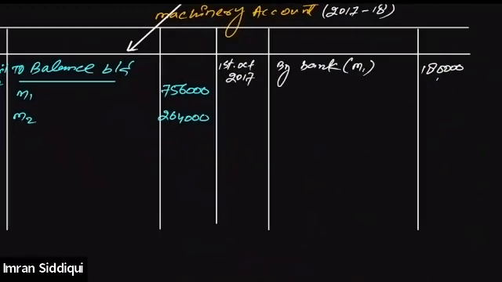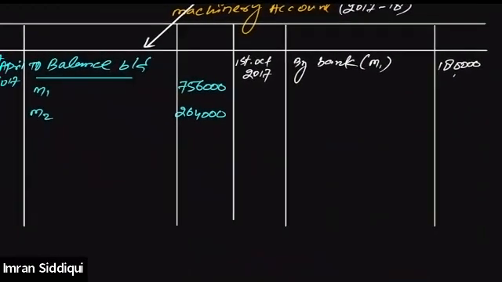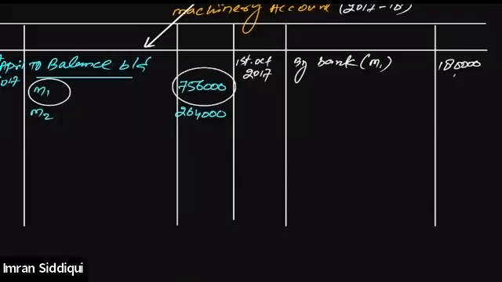Now see, machine one was sold on 1st of October 2017 for rupees 1,80,000. Current value of the machine one as on 1st of April 2017 is 7,56,000. And we are selling this machinery for 1,80,000. So on the date on which this machine is being sold, we need to calculate the depreciation on machine one till that date as well.